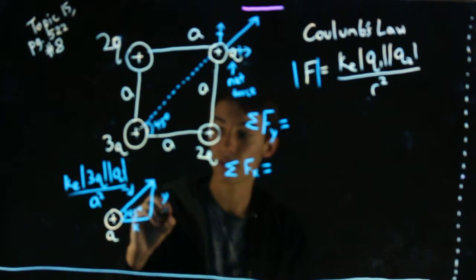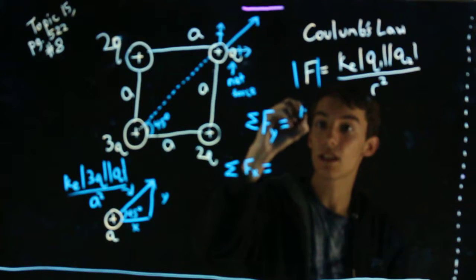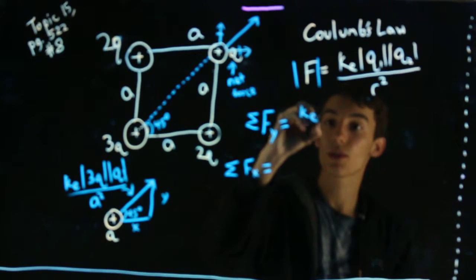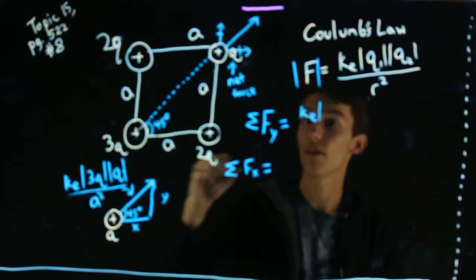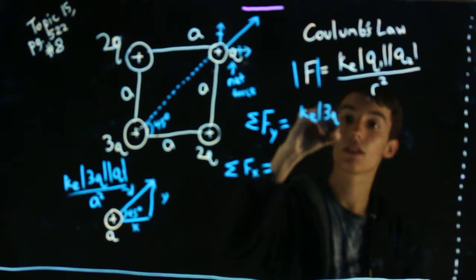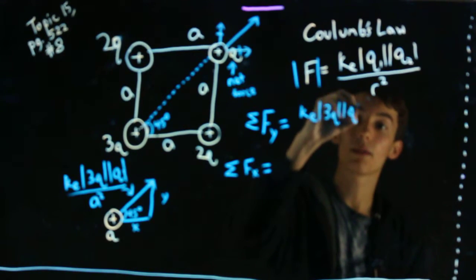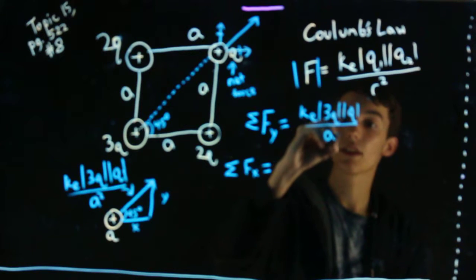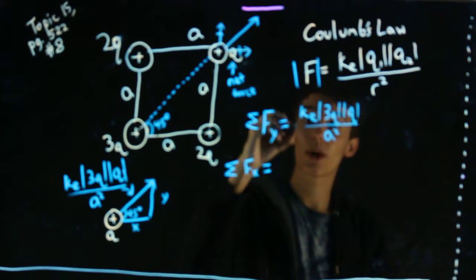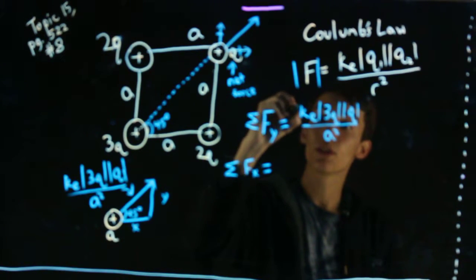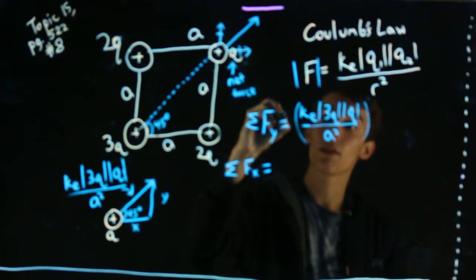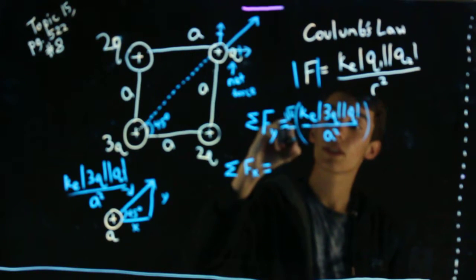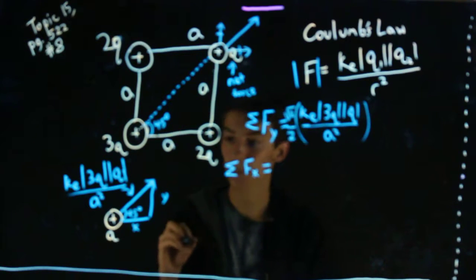So our y direction force is going to be of magnitude equal to the magnitude of the main vector, that's this thing that I am going to copy here, all over a squared, times the square root of 2 over 2. It's getting a little tight here, but that's okay.